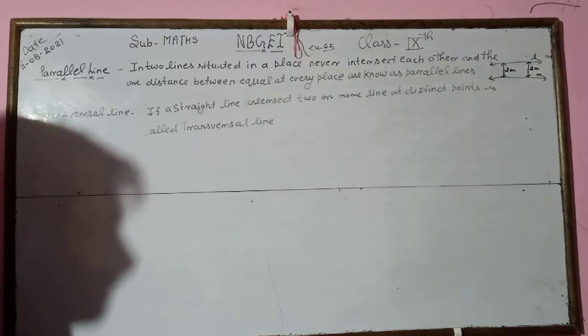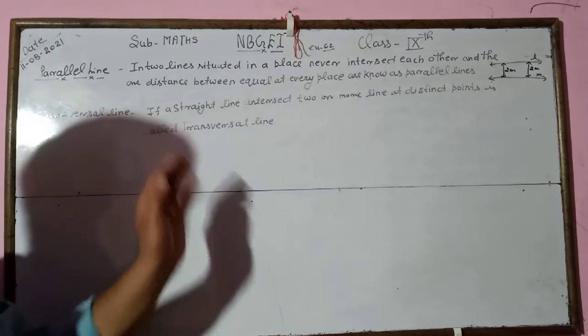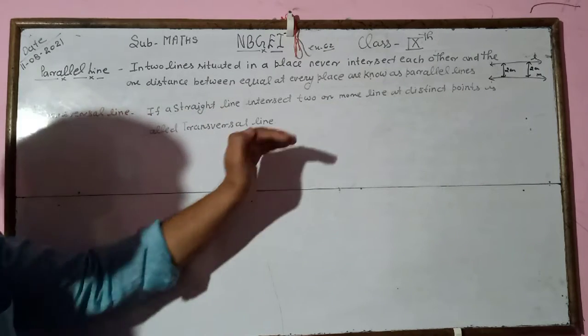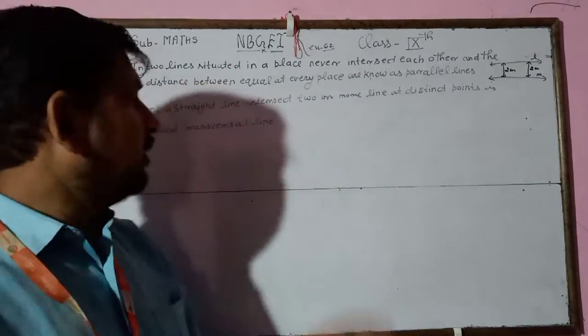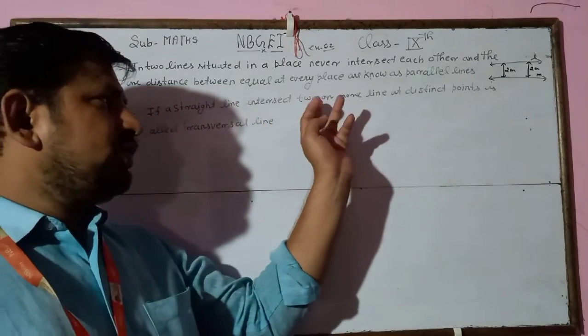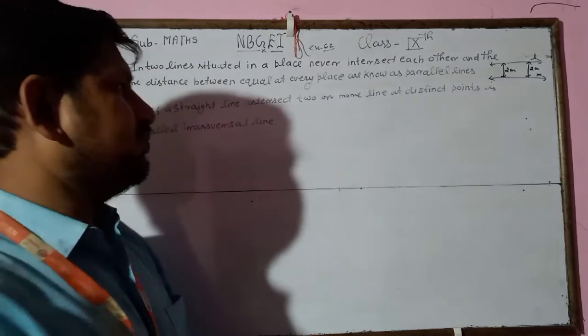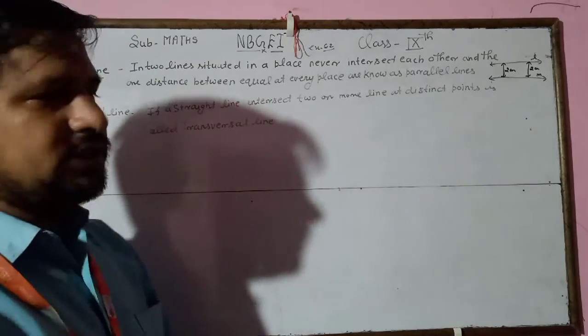Secondly, transversal line. What is a transversal line? If a straight line intersects two or more lines at distinct points, it is called the transversal line.